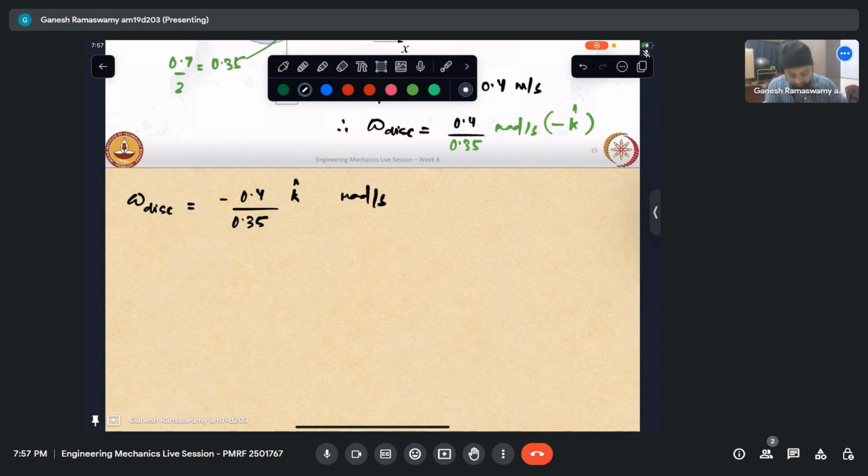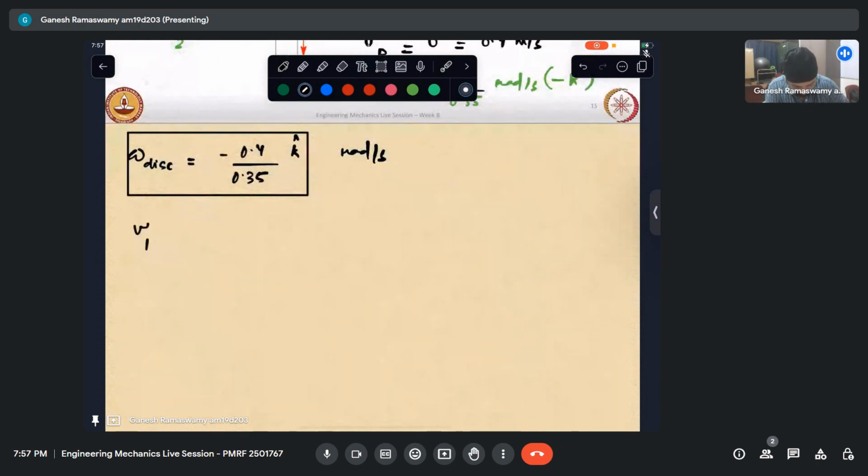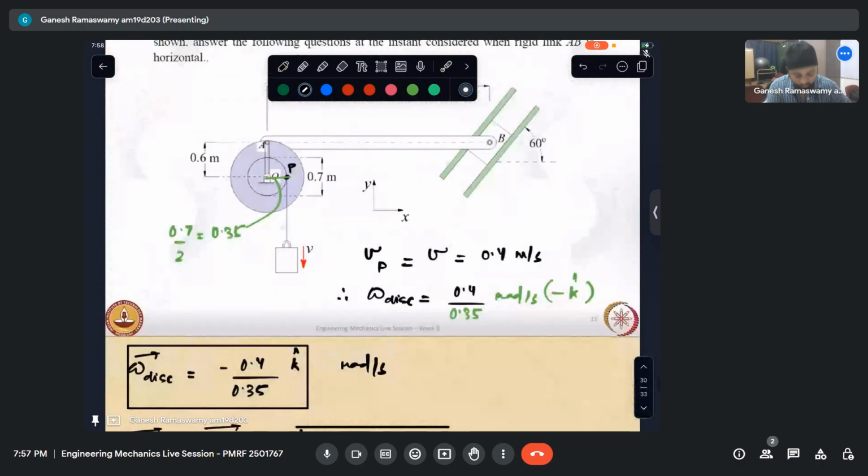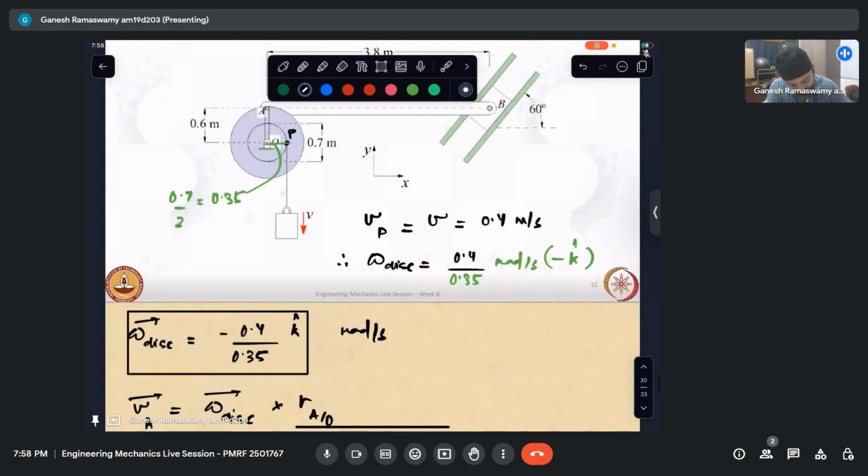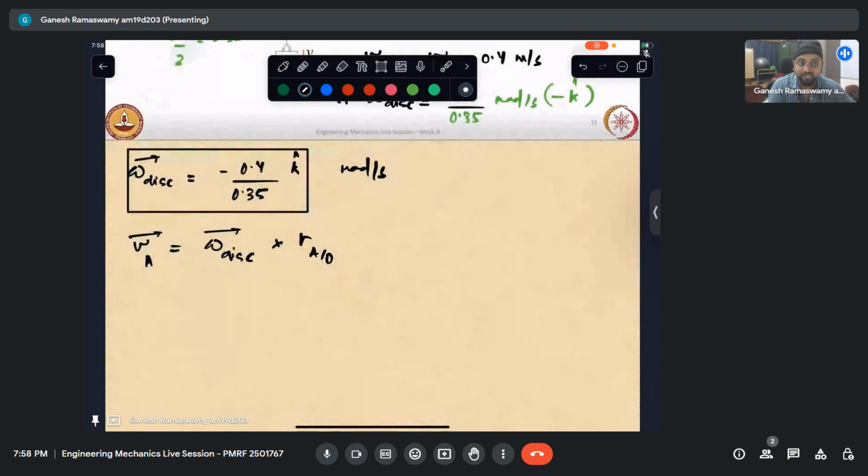So therefore, velocity of point A is nothing but omega of this disk, this is a vector, crossed with r a with respect to center O. Center is O. So essentially this vector, which is nothing but 0.6 j cap, which is nothing but minus 0.4 upon 0.35 k crossed with 0.6 j.